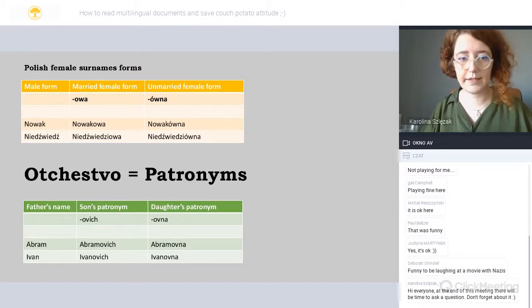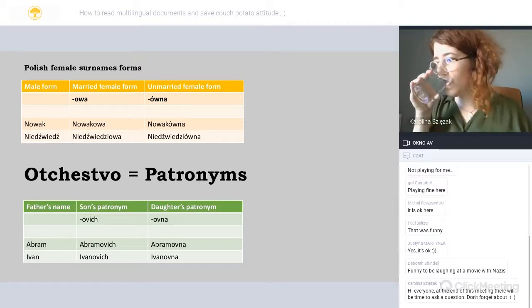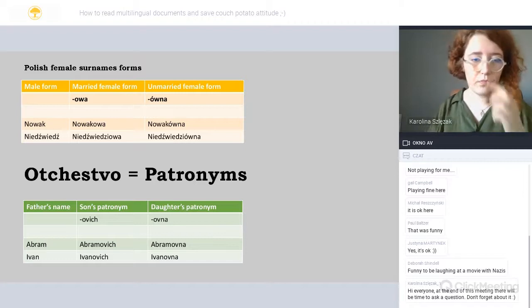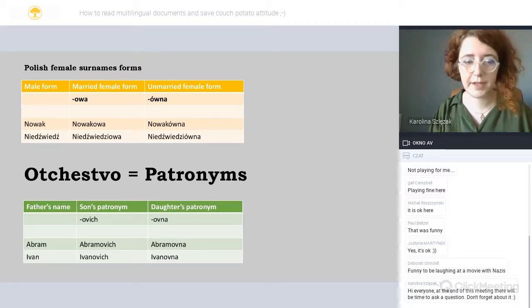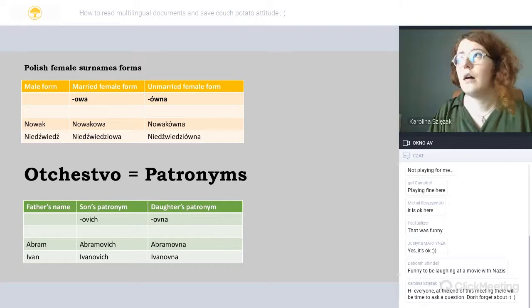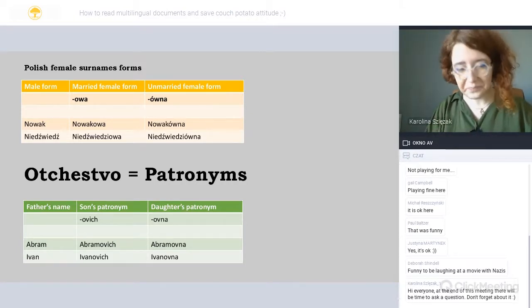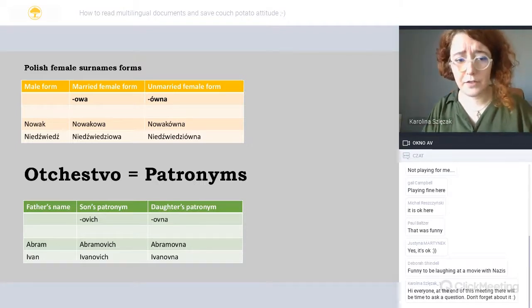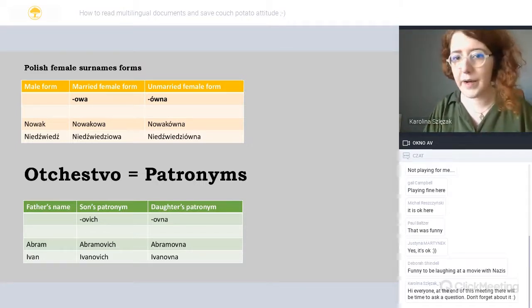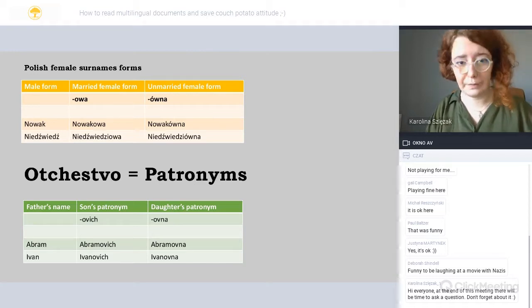We can also see that they are written down. And patronyms give us information, of course, about the father. So when we see, for example, Abram Szmulowicz Goldberg, let's say, we can know that Abram's father was Shmuel.